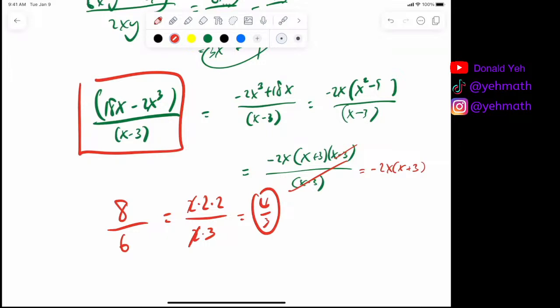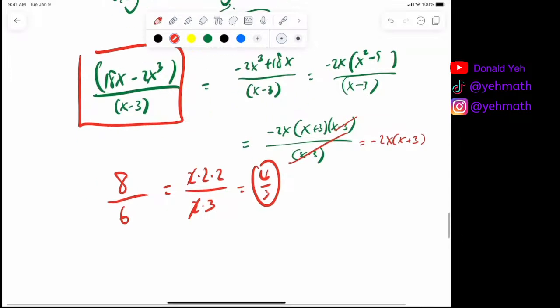So what are the possibilities for x in this particular expression? It can be positive, but it cannot be positive 3. Austin, what happens when x equals 3? The denominator is 0. So x cannot equal 3.